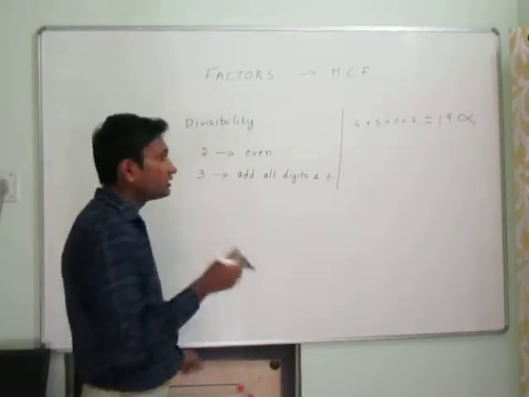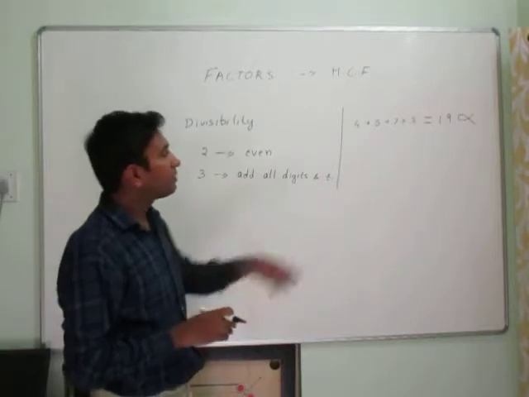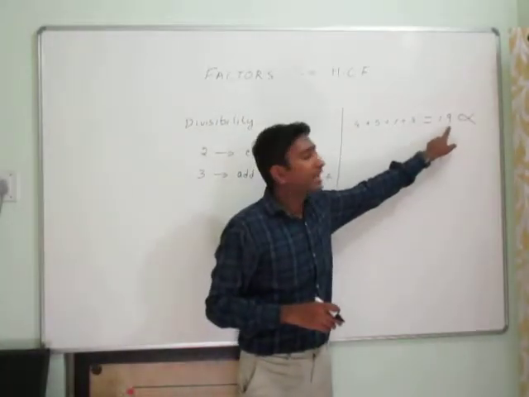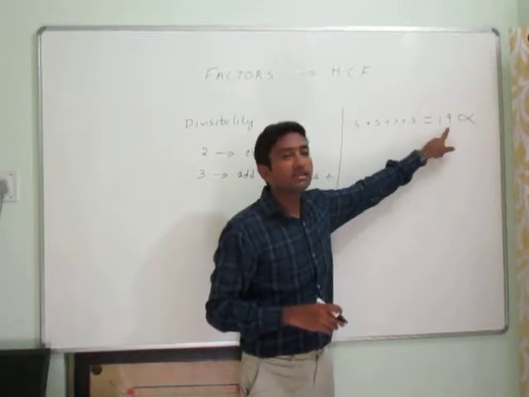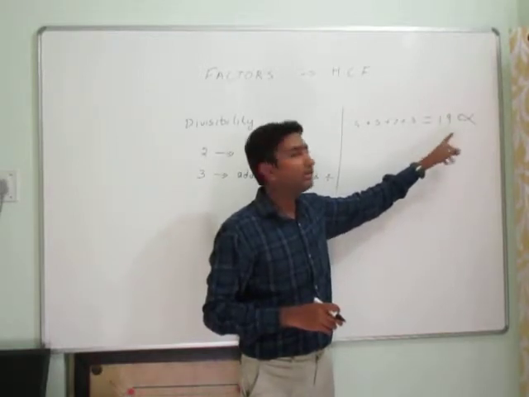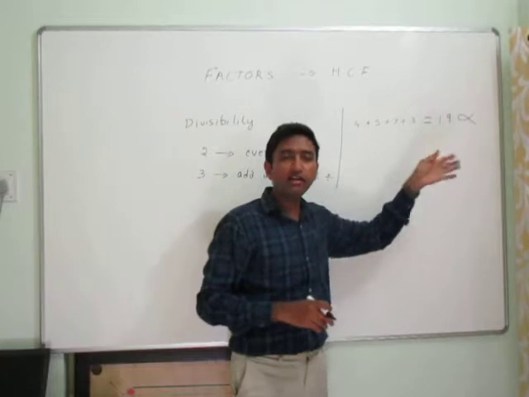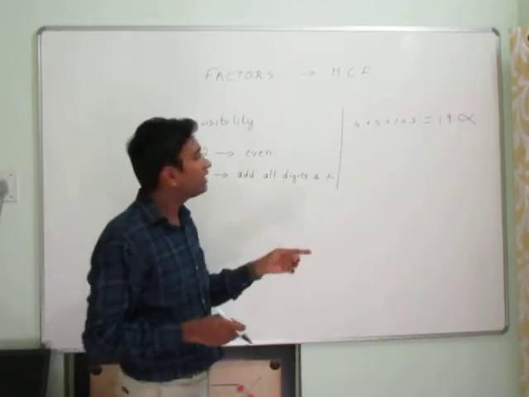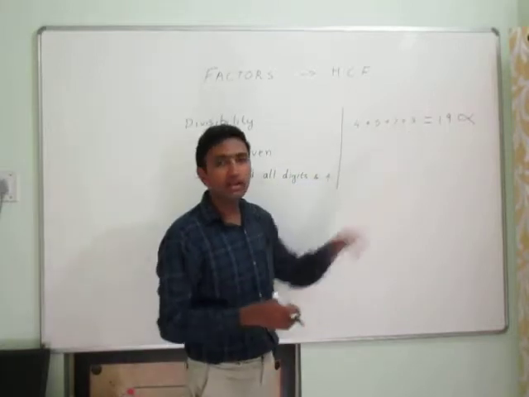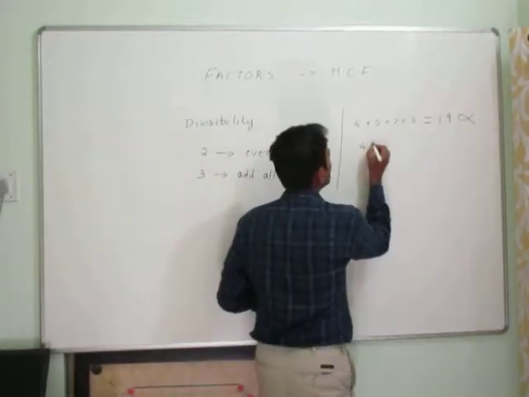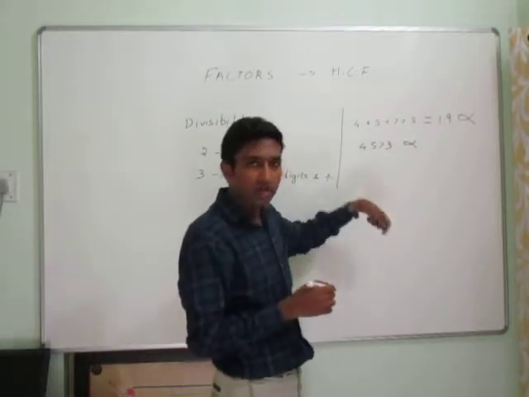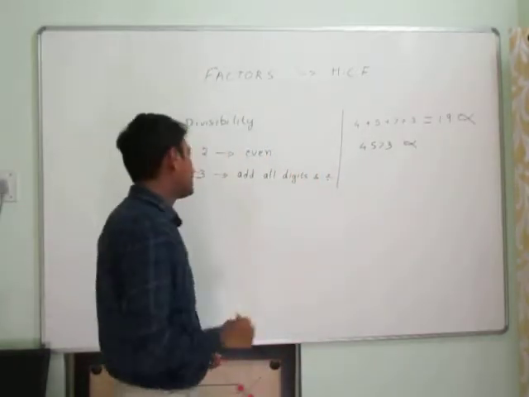If that is divisible by 3, then the number will be divisible. Suppose, instead of 19, if our answer was 18, then yes, the number will be divisible by 3. Now our answer is 19, and 19 is not divisible by 3. Therefore 4573 is not divisible by 3. And you can verify this by actual division. I suggest you do that actually.